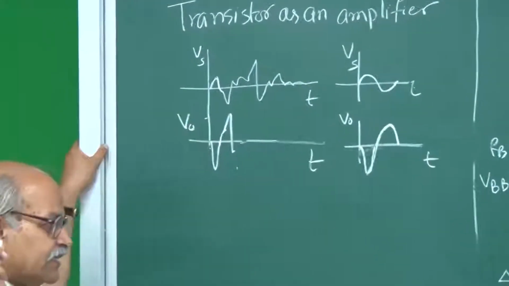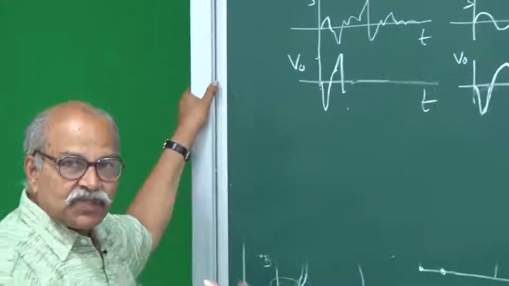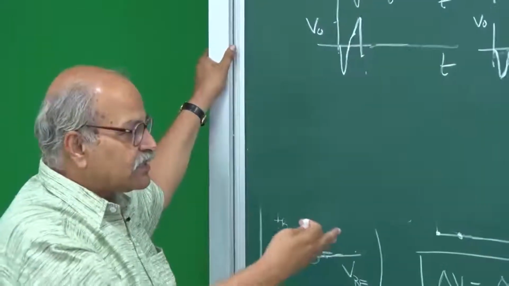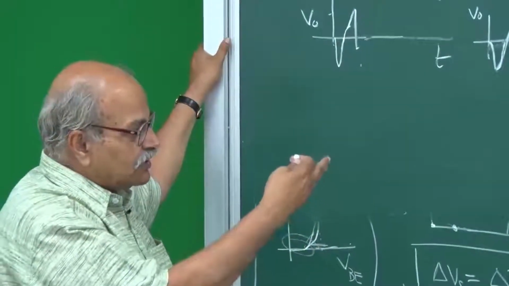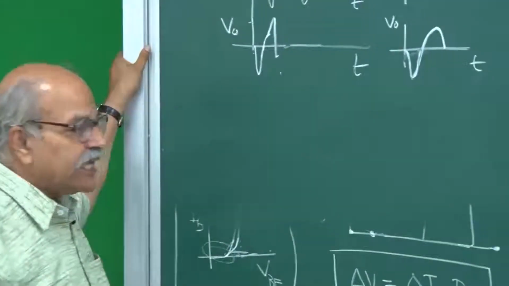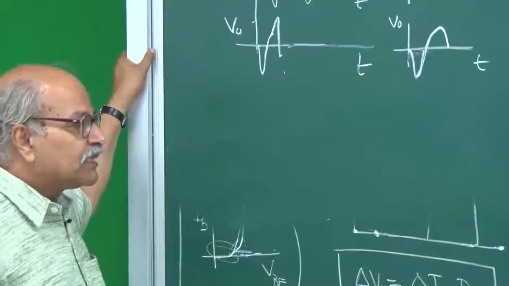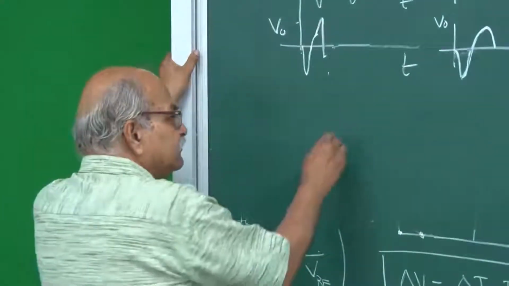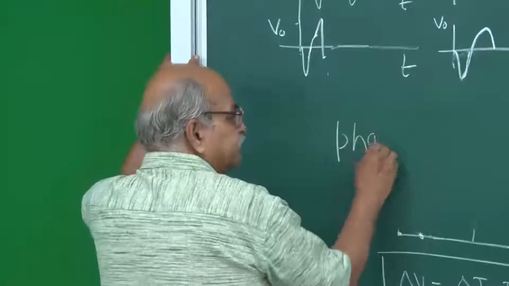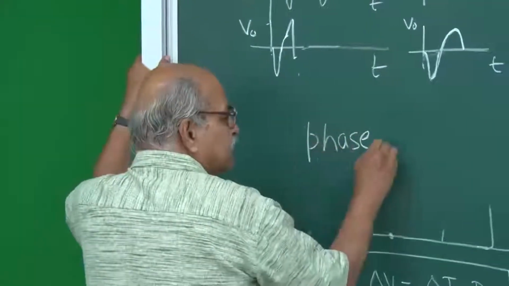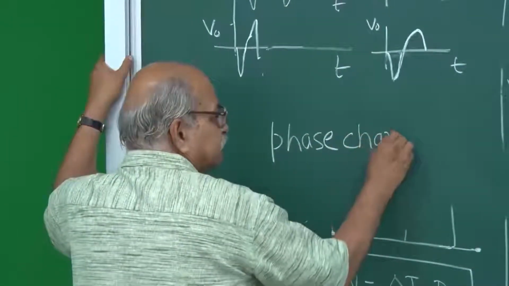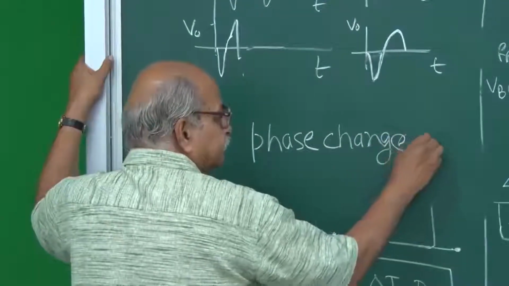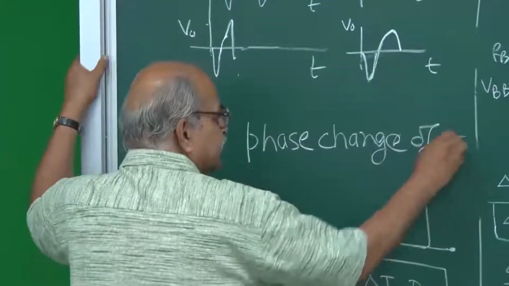So the important lesson is that if you use a single stage transistor in this common emitter mode, the amplification is there, but there is a phase change of pi during this amplification.